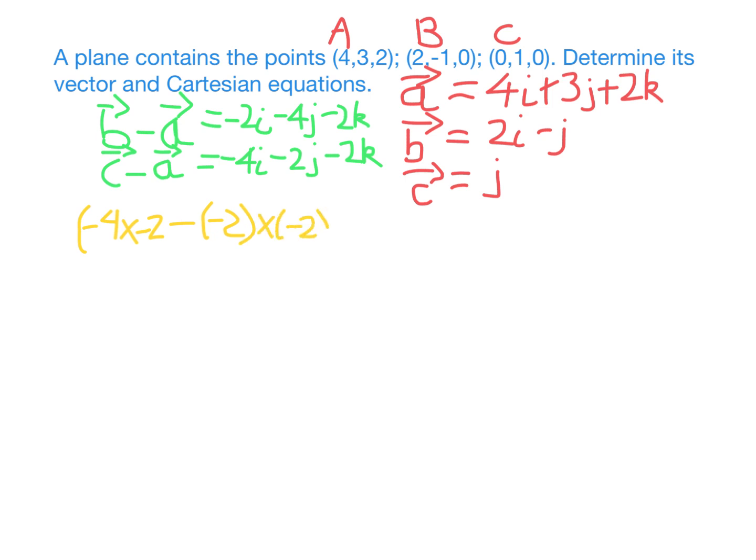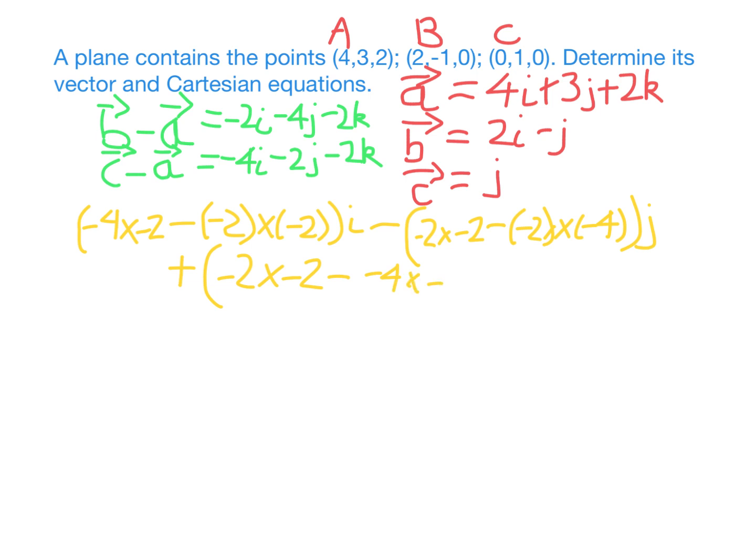The j component of the vector is negative 2 times negative 2, subtract negative 2 times negative 4. And then the k component will be negative 2 times negative 2, subtract negative 4 times negative 4. So that gives us a normal vector of 4i plus 4j minus 12k.